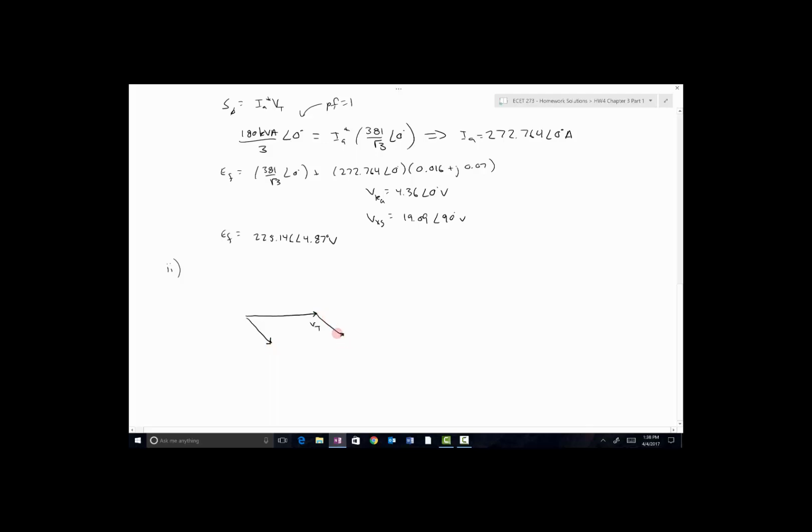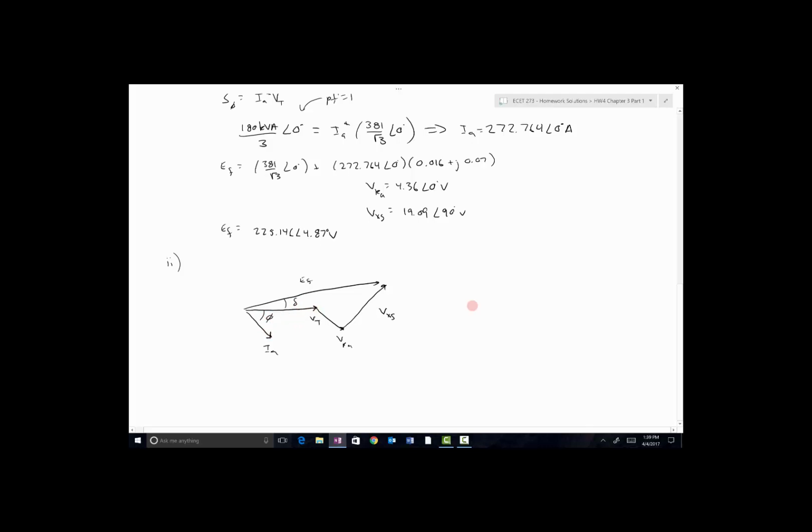The voltage drop across the resistor has to be in phase with that current, and 90 degrees out of phase with the current is the voltage drop across the synchronous reactance. And then we've got EF. The angle between EF and VT is called the power angle, delta, and the angle between VT and IA is called the power factor angle, phi.